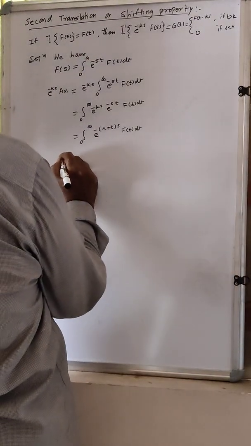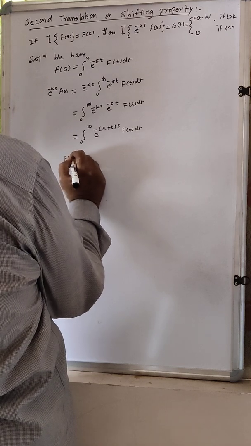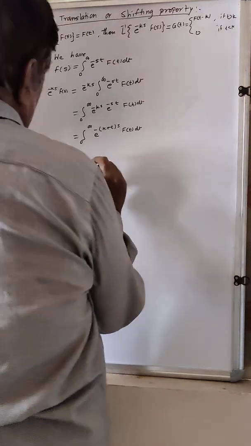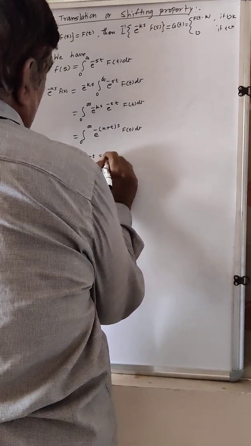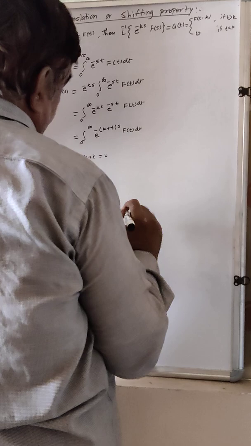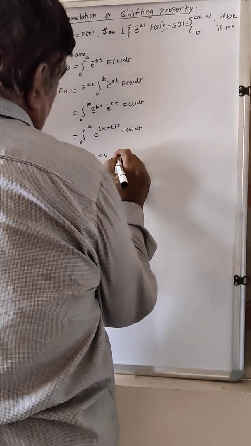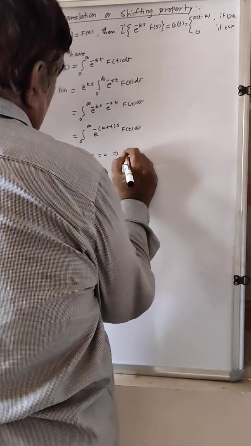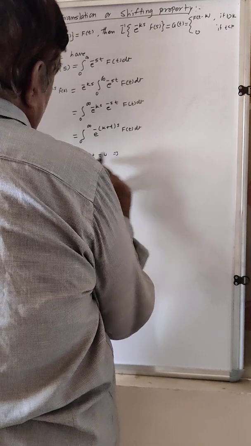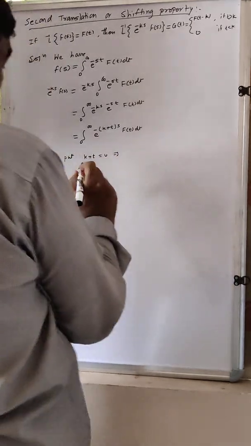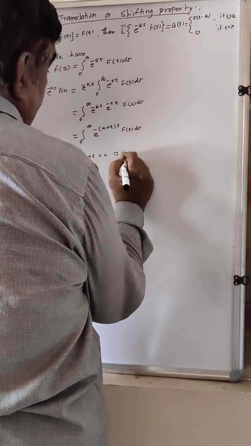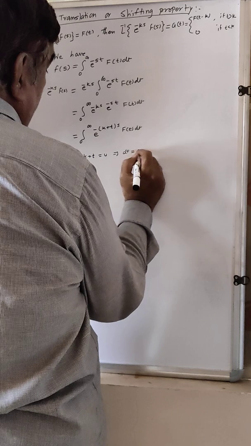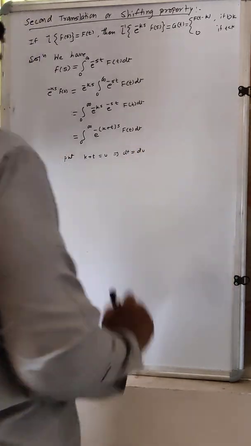Put k plus t is equal to u, suppose. Differentiate this with respect to t: derivative of constant is 0, derivative of t is dt, is equal to derivative of u is du.